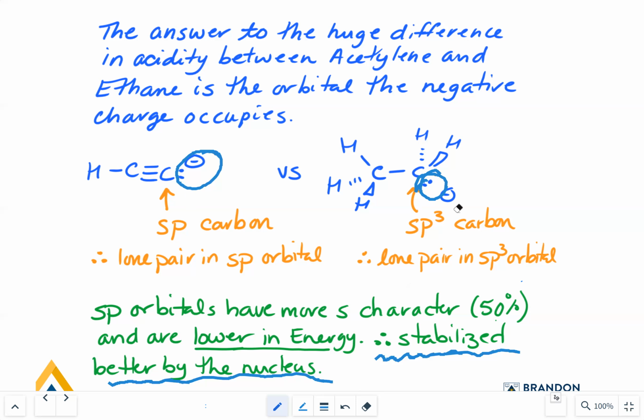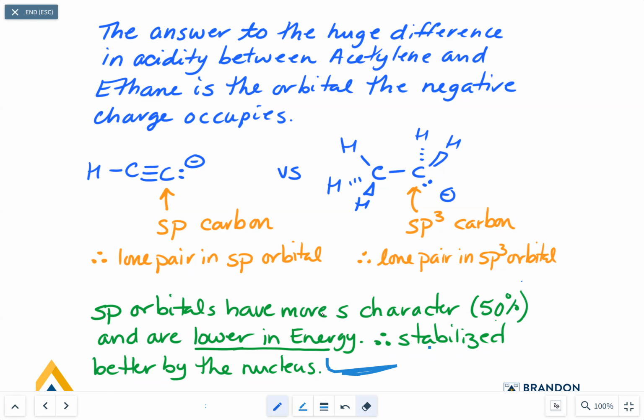That's not the best answer, but it is the answer that textbooks typically say. This is where molecular orbital theory comes into play.